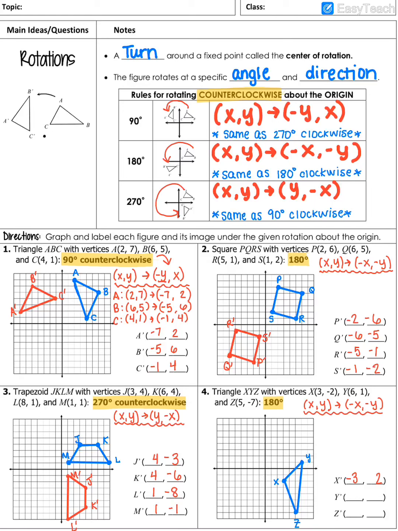Y prime, again, the 6 and the 1 are going to stay in the same place, and I have to change both of their signs. So the 6 becomes a -6, and the 1 becomes a -1. And then Z prime is still going to have a 5 and 7 in it, but now we have to change the signs. So the 5 becomes a -5, and the -7 becomes a +7.